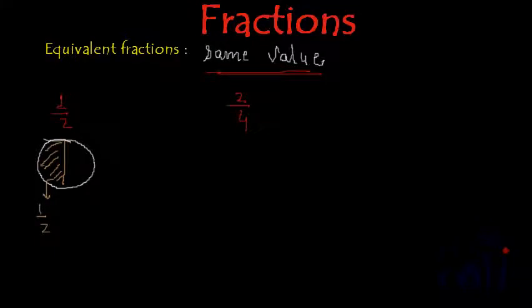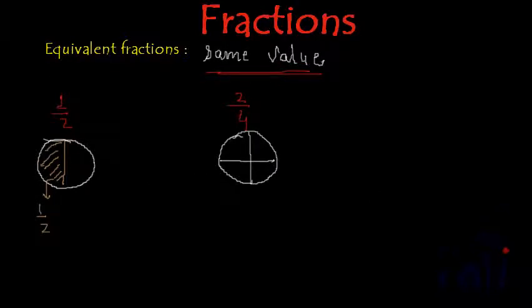right? And now if we talk about 2/4, what is it? Again, I'm going to make one more pizza of the same size, right? And since the denominator is 4, I have to divide this pizza into 4 parts, right? So I have divided the pizza into 4 parts.